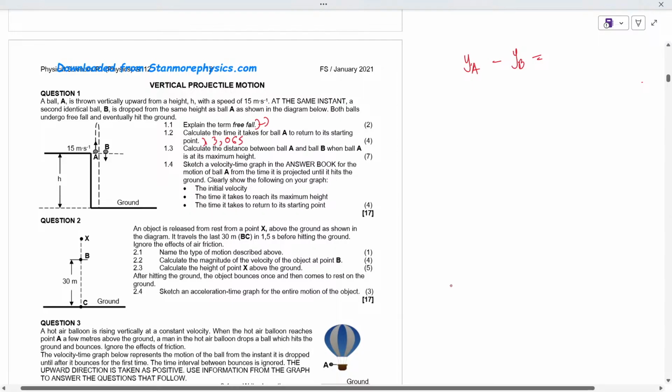Which means that the first thing we have to do is find the maximum height of the first ball. The second thing we do is get the displacement of ball A at that exact time. It means that maybe we can first find the time it takes for ball A to reach maximum height, because it is the time in which B will have traveled.